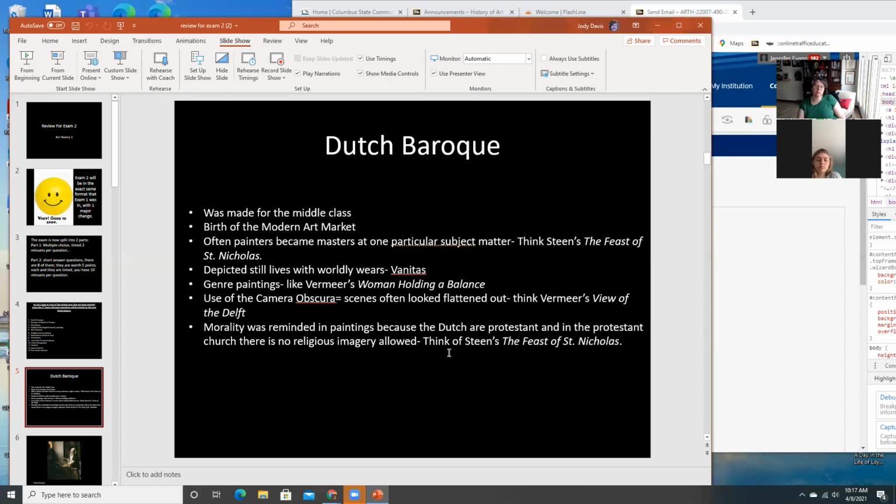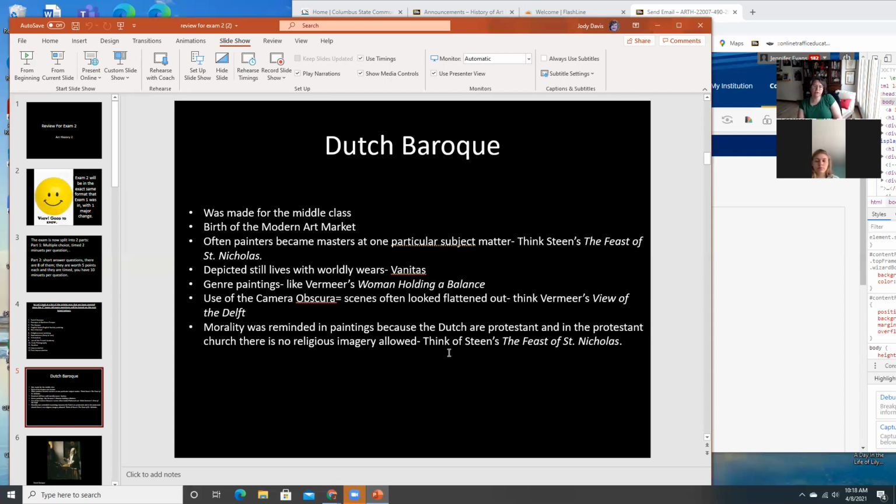The point of the vanitas is that everything in the still life has some sense of mortality. And so we see this decaying feeling going on within the still life. It was a way to remind the patron that life was short, that there was always a beginning and an end, and so they should live a moral life.